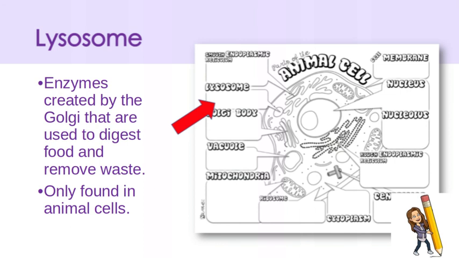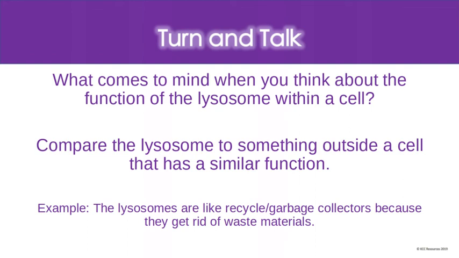They have enzymes that are used to break down and digest and remove food and waste from the cell. They're kind of like the garbage disposal of the cell. They break down old parts that need to be recycled and help clean up the cell. So I think of them as the garbage disposal, or trash collector, things like that.